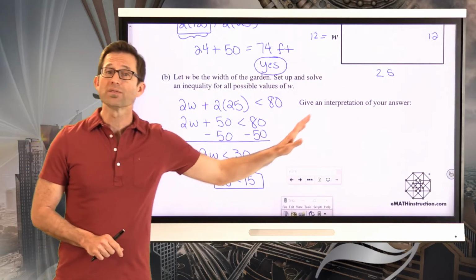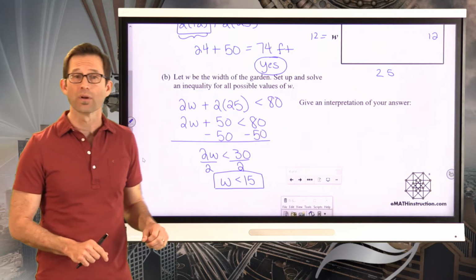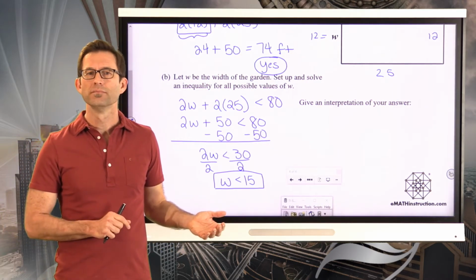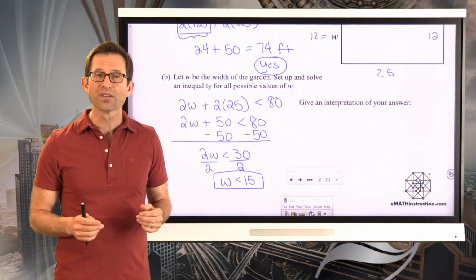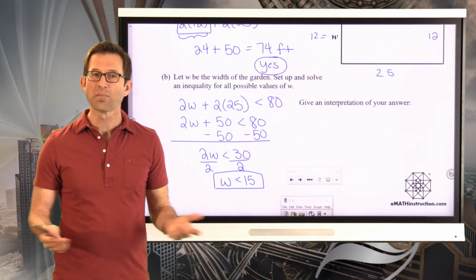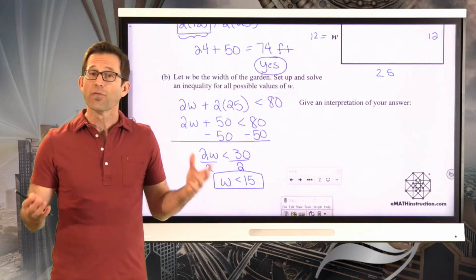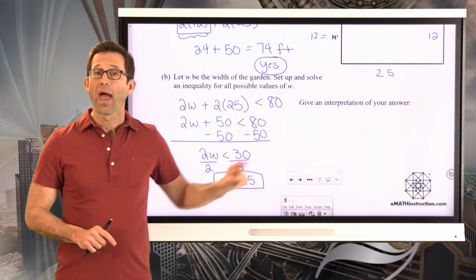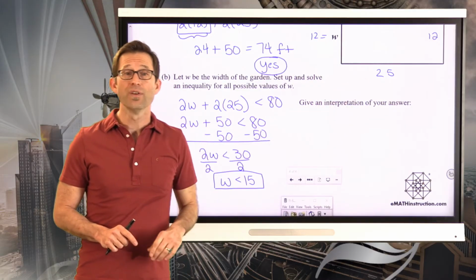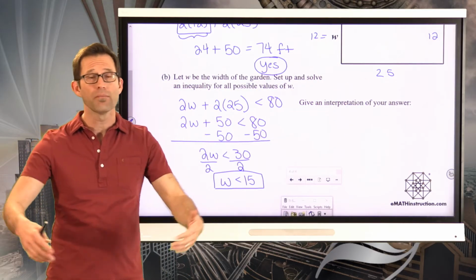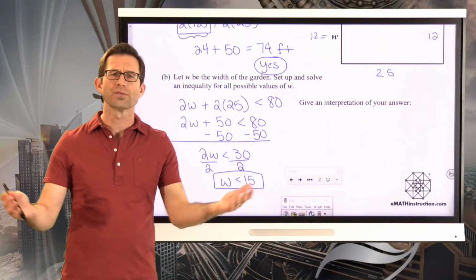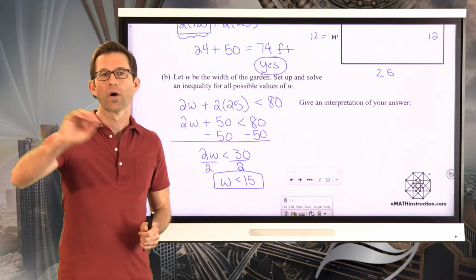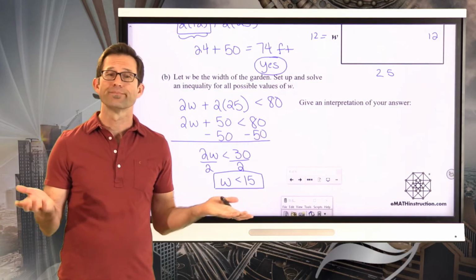Now what's really cool is there's a great interpretation of this answer. Literally, what does this tell us? Think about that for a moment. Well, it tells us that the width of the rectangle must be less than 15 feet if we want to use less than 80 feet of fencing, and we know that the length of this rectangle is 25 feet. Maybe we need it to be 25 feet because we want to plant rows in the garden that are 25 feet long or something like that.